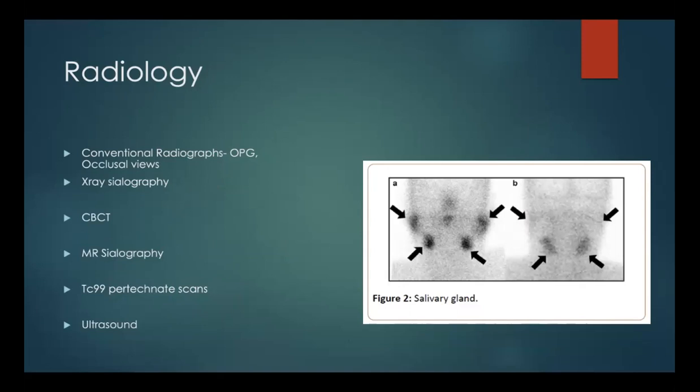When it comes to radiology, this was the complete list of investigations that we had in our armamentarium. However, once we know we are not dealing with sialolithiasis, the OPG and the CBCT have no role whatsoever. Of course, the X-ray sialography does depict stenosis and the other maladies quite well.